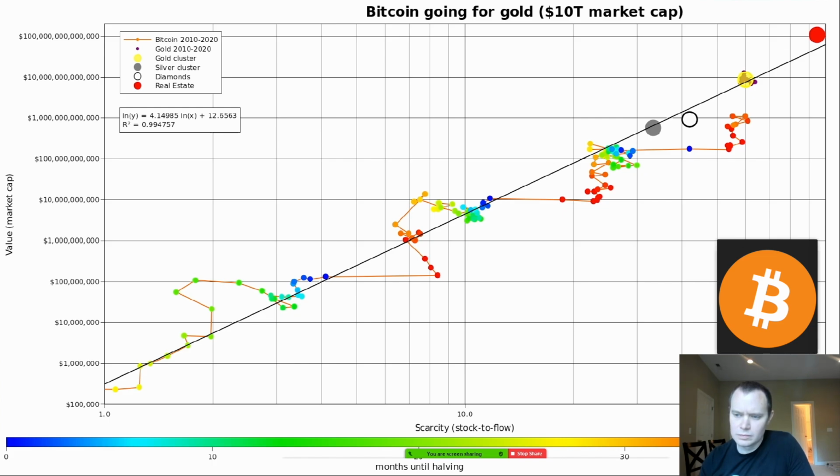So silver, diamonds, we're beyond those now. Gold is next, and real estate is next. But if we go beyond that stock to flow of 100 of real estate and the value of that real estate market of 100 trillion, there is no data anymore. So we're going to extrapolate then, and then things become really difficult.